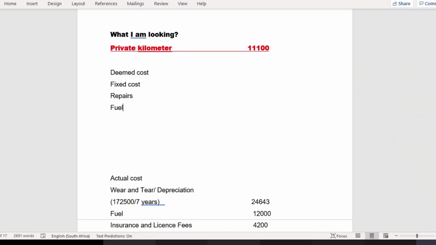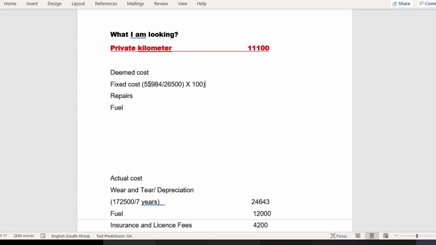All right. This would require us to go to the table. As Kola said, Kola, what are you finding on your table? On the table, fixed cost is 55,894. So the fixed cost would be 55,894, and then you divide it by the total kilometers again, and then you multiply it by 100.